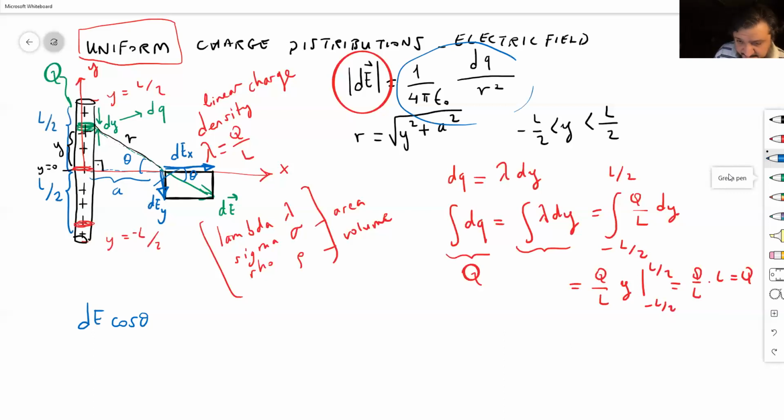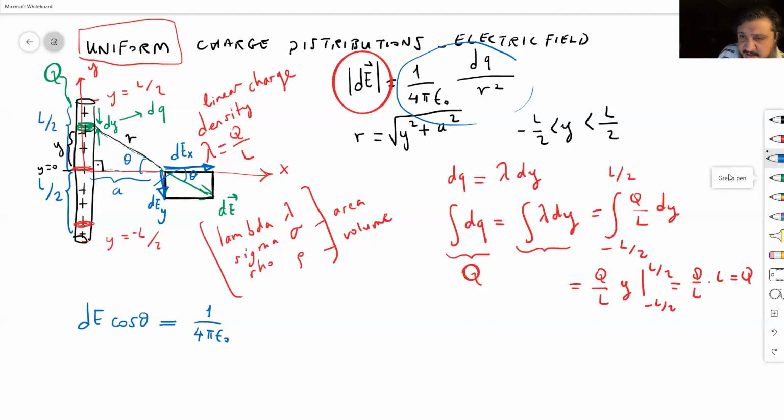So let's do it. And while we're doing that, we're gonna plug in dq as well. So we have here 1 over 4 pi epsilon 0, our constant. Remember, 9 times 10 to the 9, that constant. That times dq. Now, instead of dq, I can either write Q over L or I can use lambda, doesn't matter.